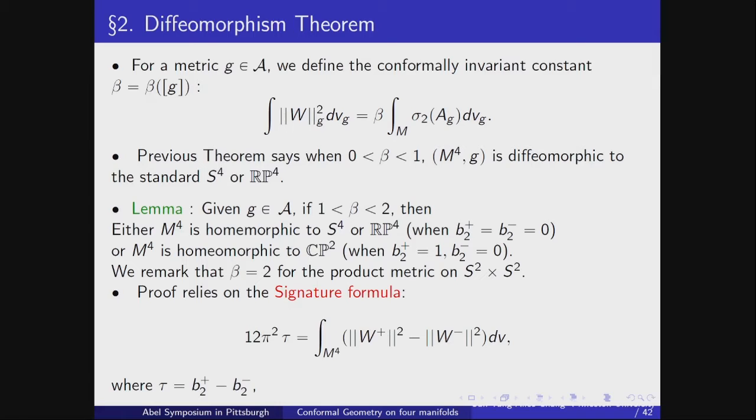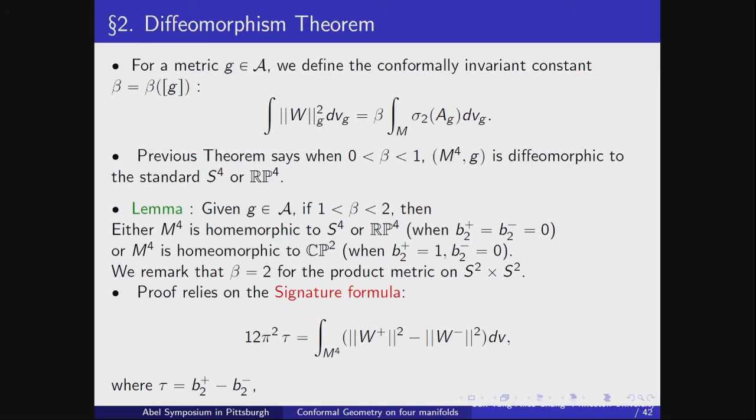And on S4, the Betti number, the self-dual part or the anti-self-dual part of the Betti number vanishes. And then the second thing is when the self-dual part is equal to 1, the anti-self-dual part equal to 0. Okay. And again, this program has a limit at beta equal to 2. When beta equal to 2, there is a third manifold that appears, that's S2 cross S2.